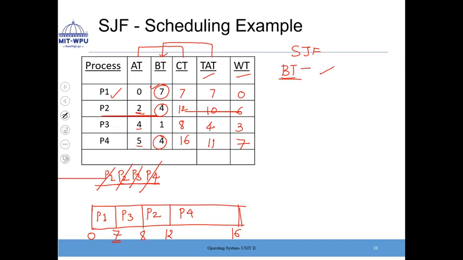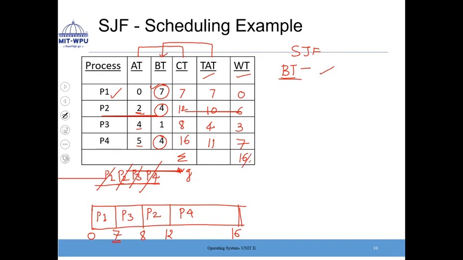Now we are done with the turnaround time and waiting time. Let us calculate the average waiting time and average turnaround time. The sum of the waiting times is 16, and we have a total of 4 processes.